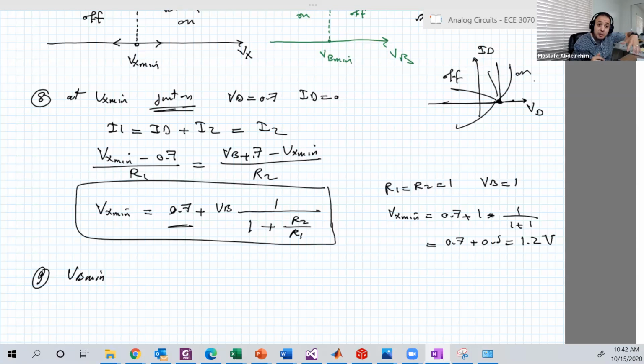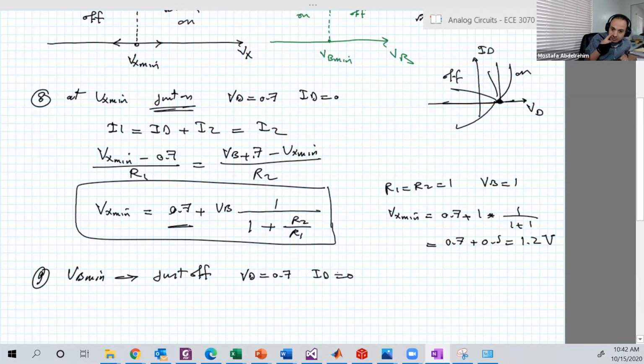So at VB minimum, the diode is just off again. So it's also working in that point. This is just on or just off because it's in between. Okay, so at VB minimum, the diode is just off on the edge. So VD is still 0.7 and ID is 0.